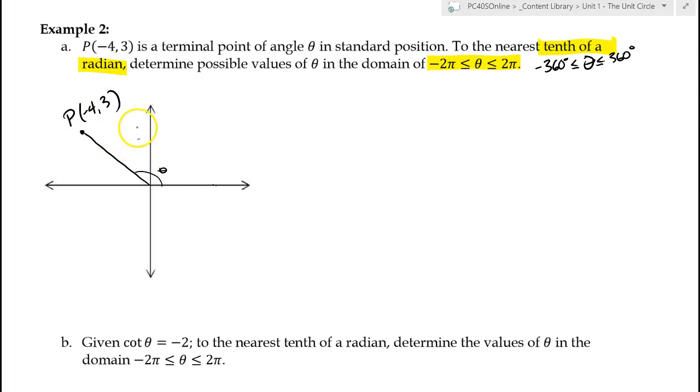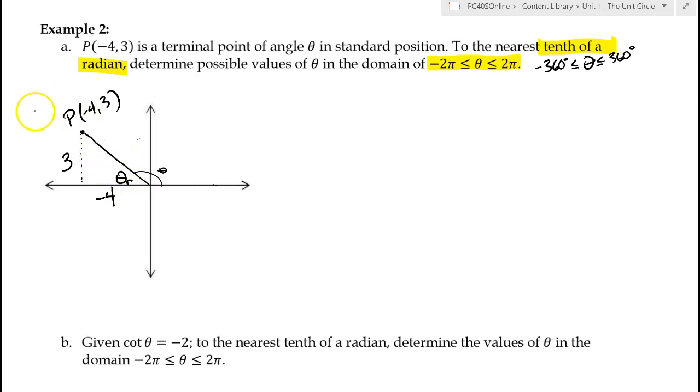So how do we do this? Well, in terms of tackling it, there are a few different ways. We've got 3 as our vertical and negative 4 is our horizontal. And we can call this theta r. It's our reference angle.